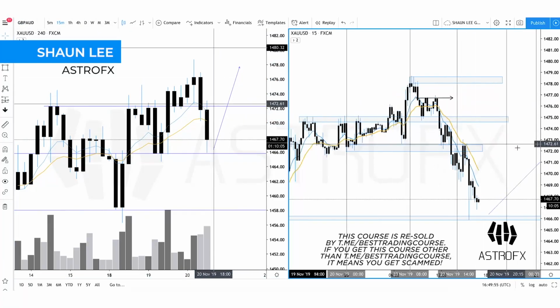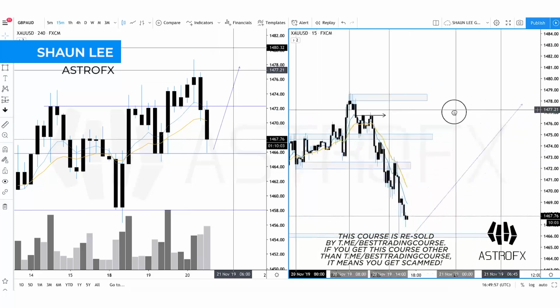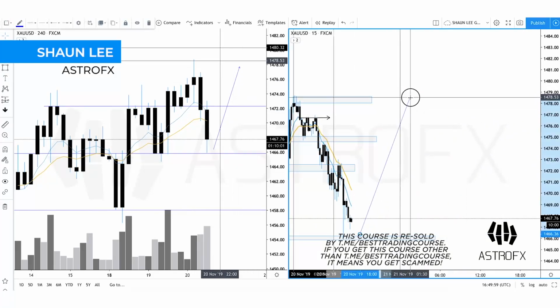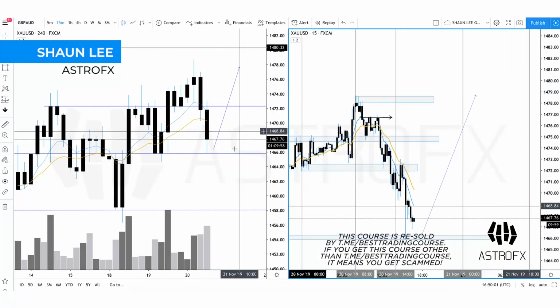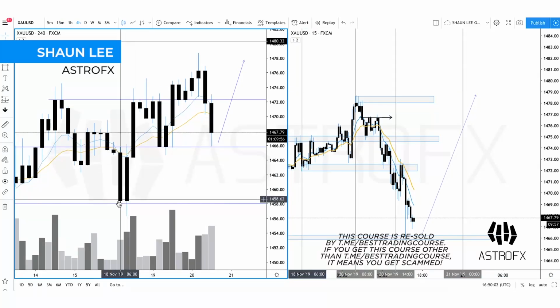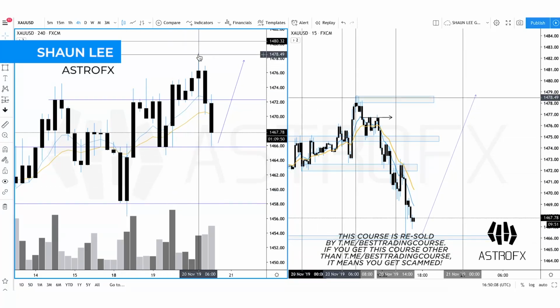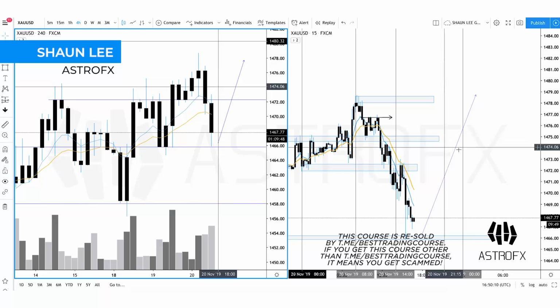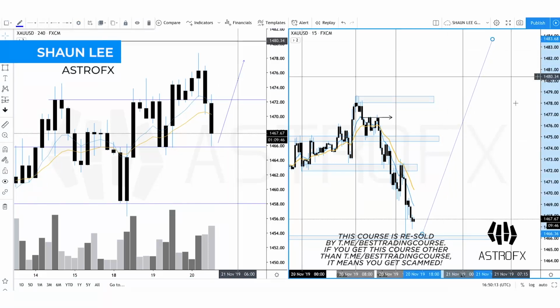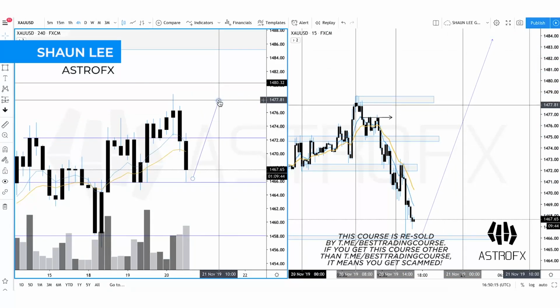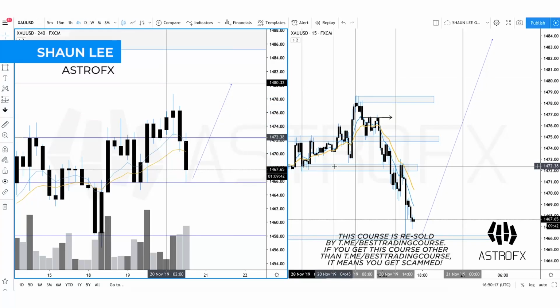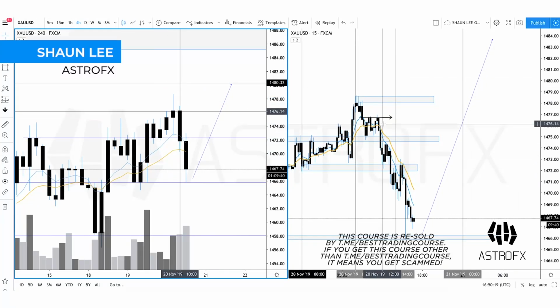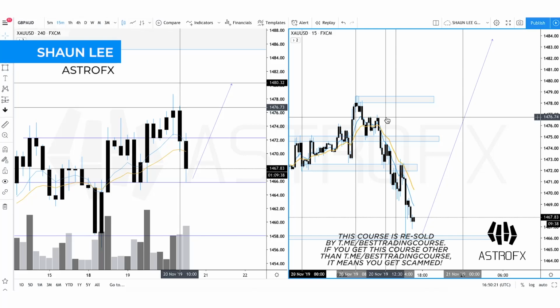So copy and paste there, that's the bias for the rest of the day, and we're now looking at gold coming up to take out the highs, because we have significant low, higher low, significant low, higher high, higher low, higher high. This could now be forming a new higher low to stretch all the way up and beyond into our weekly area of resistance, 1480. So I hope you enjoyed the video.